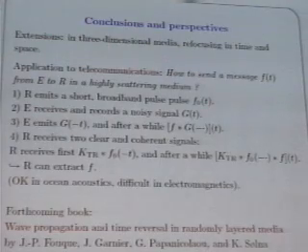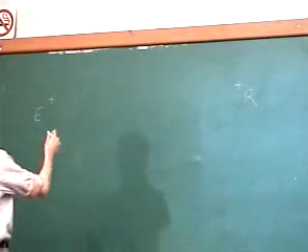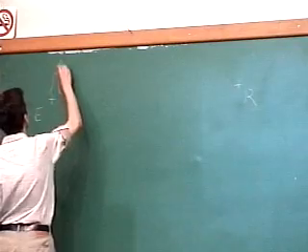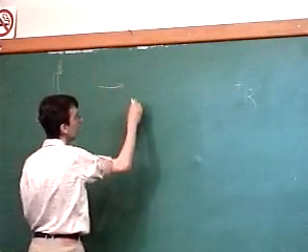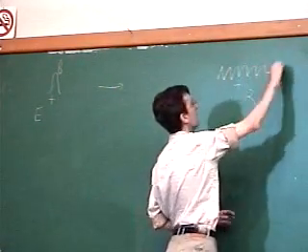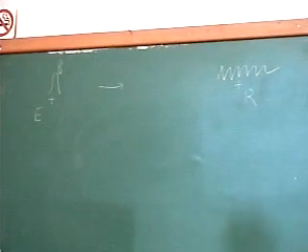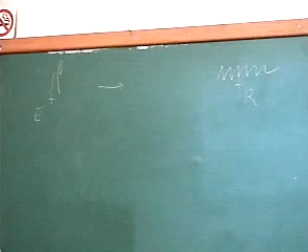Highly scattering means that if you try to send F from here to here, what you get here is noise, completely incoherent signals, the same type as the one we had in the previous experiment.